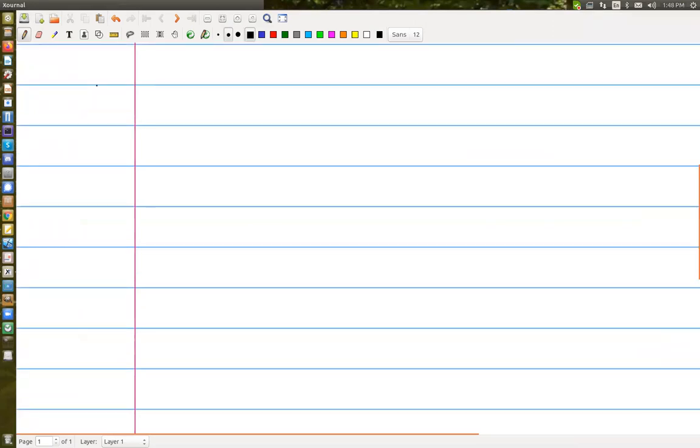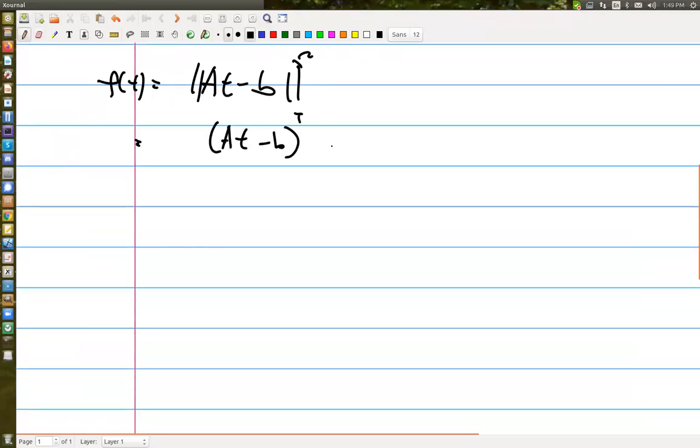So I have f(t) as something like (At minus b) squared. When we expand that, I'd rather really expand (At minus b) transpose (At minus b).